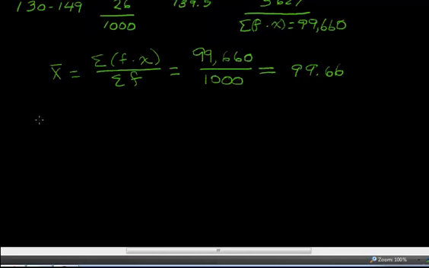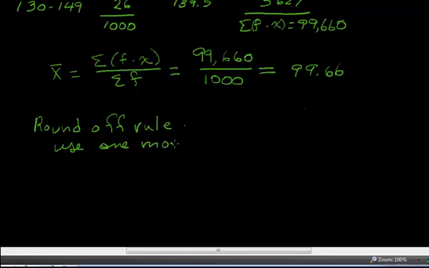When calculating the mean, we have a round-off rule to use when we get our final result. The round-off rule says use one more decimal than what was used for the original data.